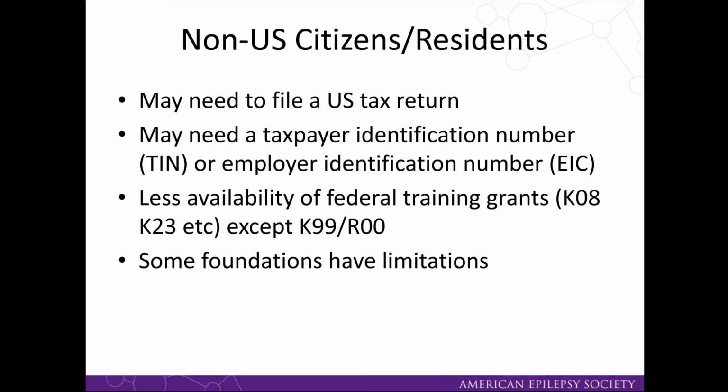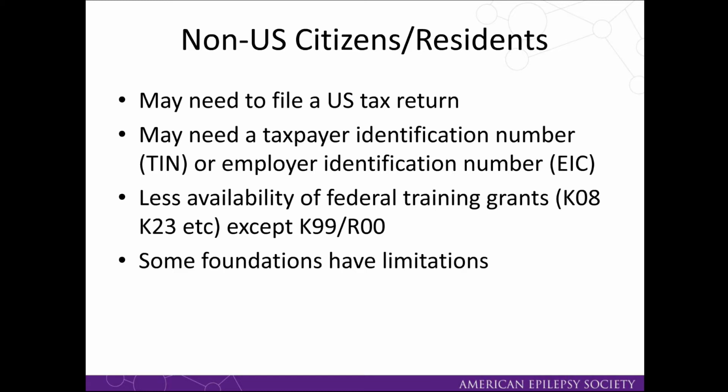You might need to get some U.S. administrative numbers to help you with those applications, like some kind of taxpayer identification number or an employer identification number. The training grants from the federal agencies, from the NIH, are less available. The K-08 and the K-23, for example, sometimes are not available to non-U.S. citizens and residents.